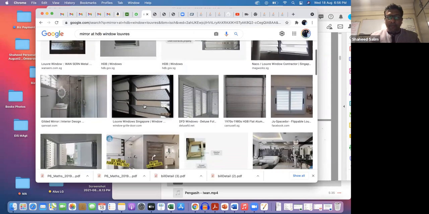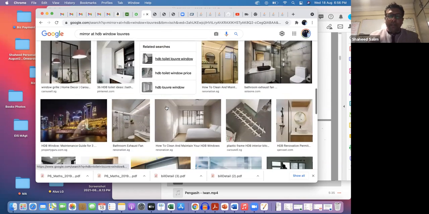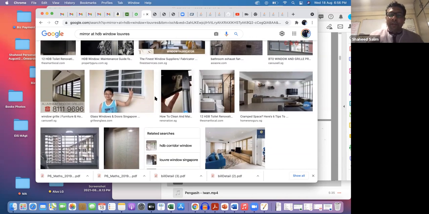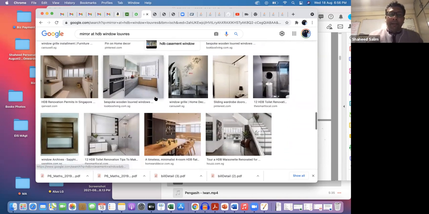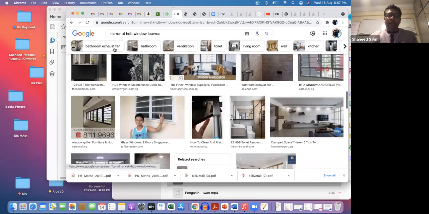Where is the mirror? Sometimes they put the mirror, like you all can see that. I'll just tell you the reason. The Chinese, they believe when you put a mirror, the hantu will be scared. So if you don't believe, you can check on here.